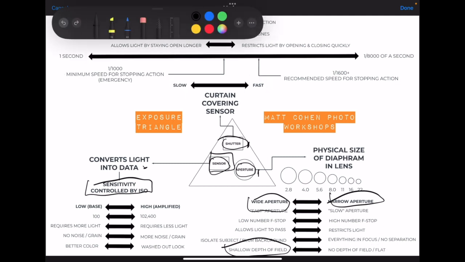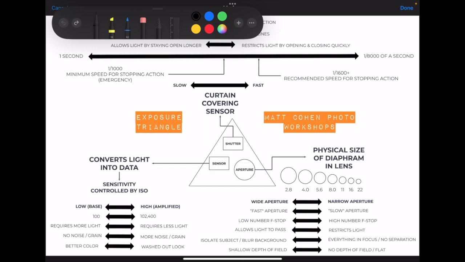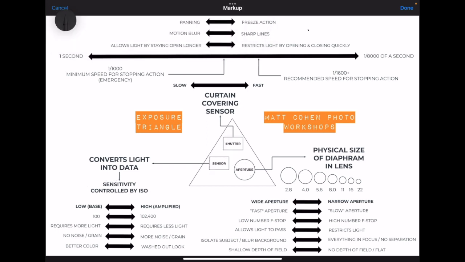So as we take a look at what's going on with the ISO, we have the low ISO versus high ISO, right? And all the high ISO is doing is amplifying the signal. So the ISO is saying this is the level of amplification that we need to make this picture look proper, right?